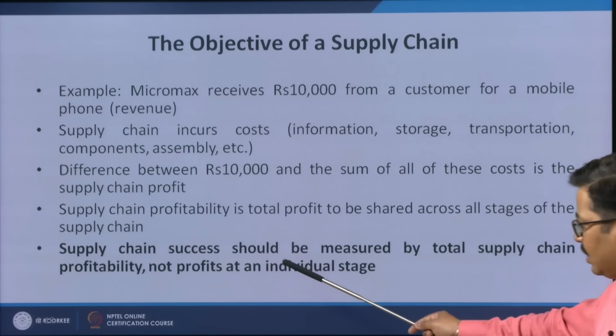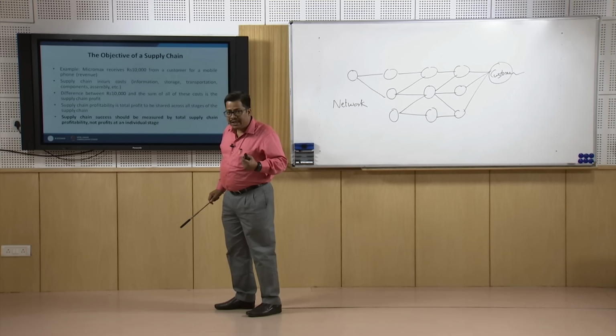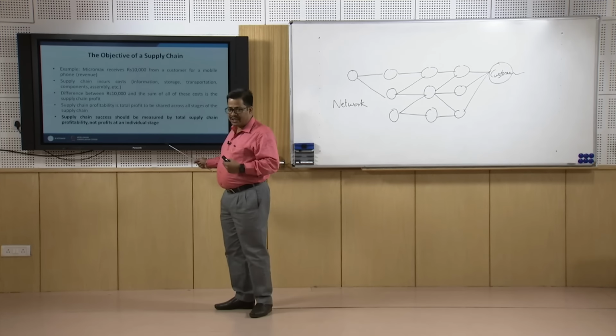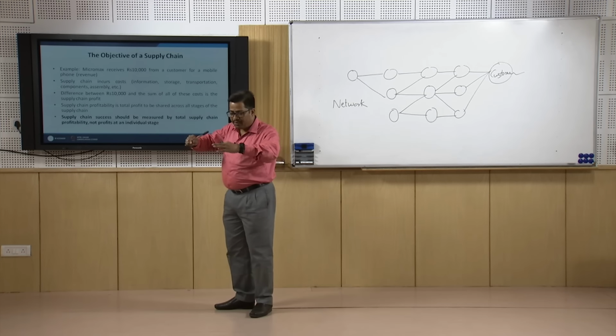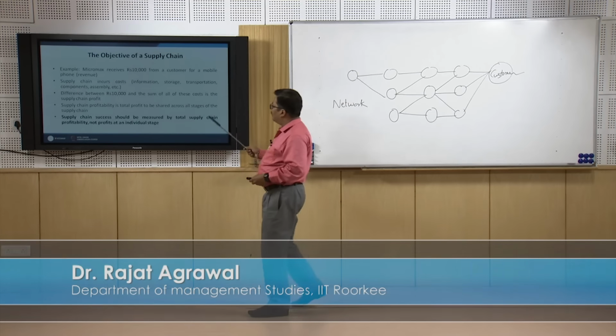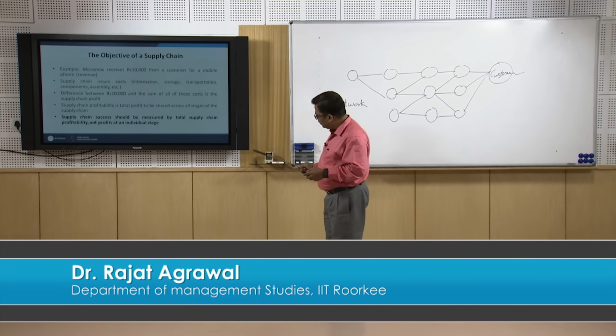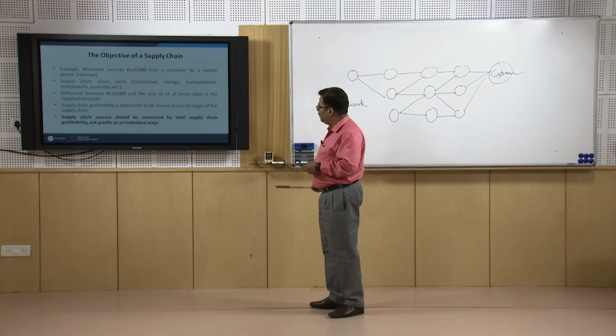Supply chain success should be measured by total supply chain profitability and not the profit of an individual stage. As soon as we focus on individual stages, the very objective of working together is defeated, and the purpose of competing as a supply chain, as a supply network, will be lost.